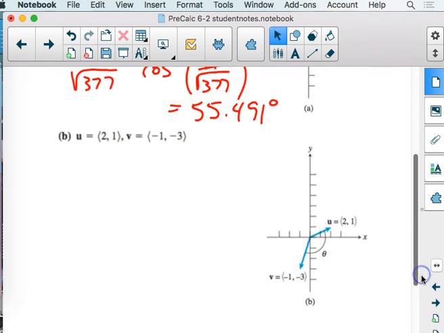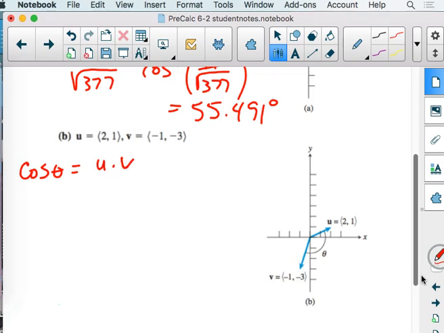Alrighty. This one. 2, 1, negative 1, negative 3. Find me the dot product, please. -5, -6.